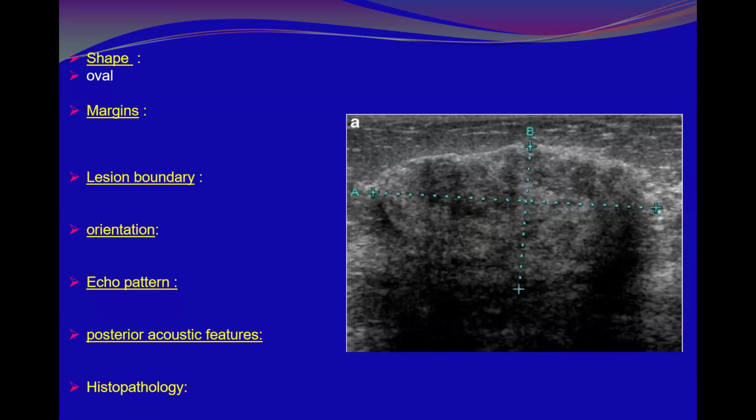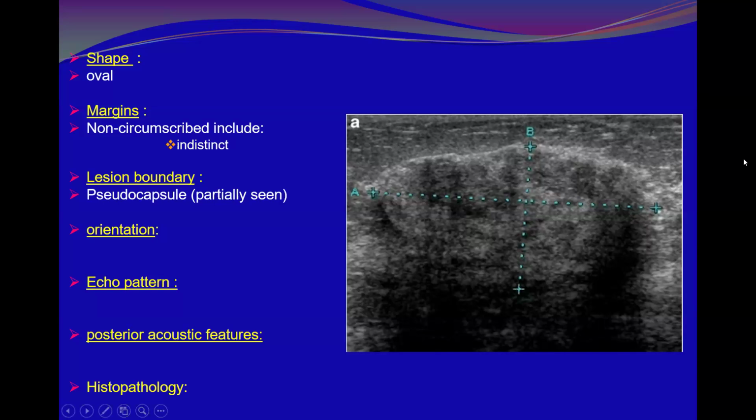Okay, so margins. Indistinct. Indistinct, non-circumscribed, mainly indistinct. Lesion boundary. Thick echogenic rim. I can see a partial pseudocapsule here, but it is not complete. Orientation. Parallel.